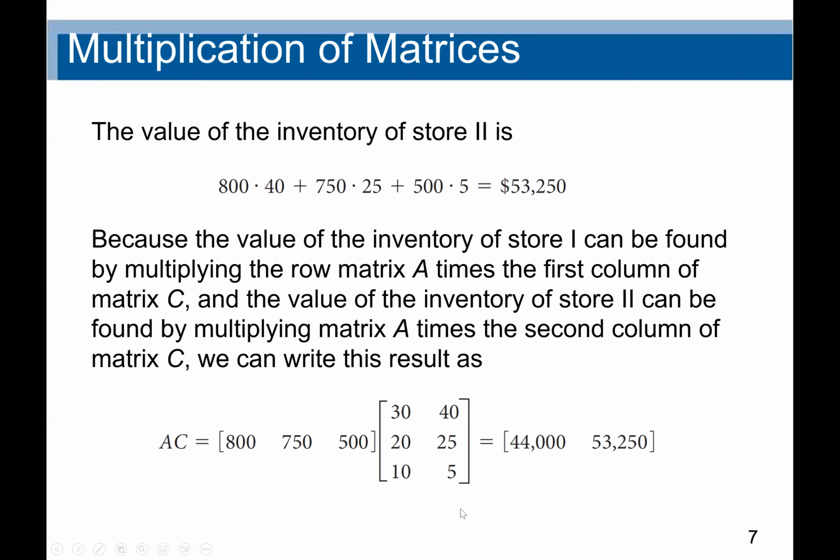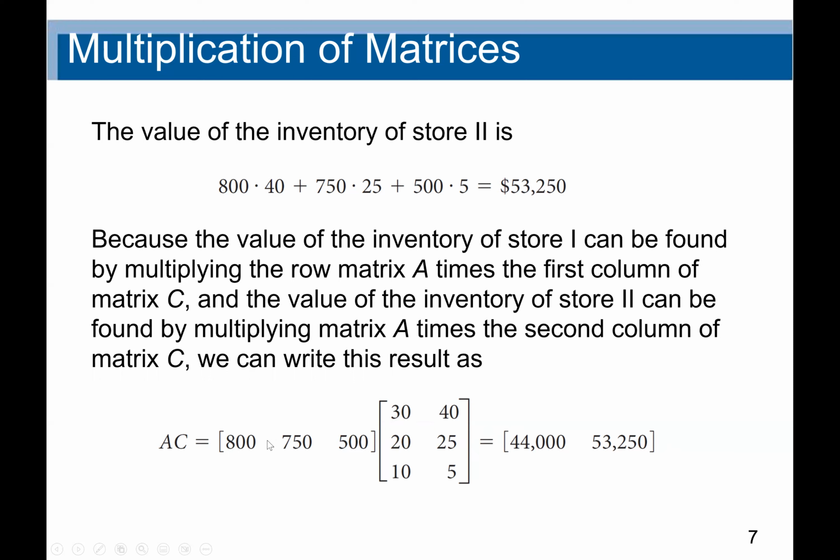The second is 800 times 40 plus 750 times 25 plus 500 times 5, which gives us 53,250.